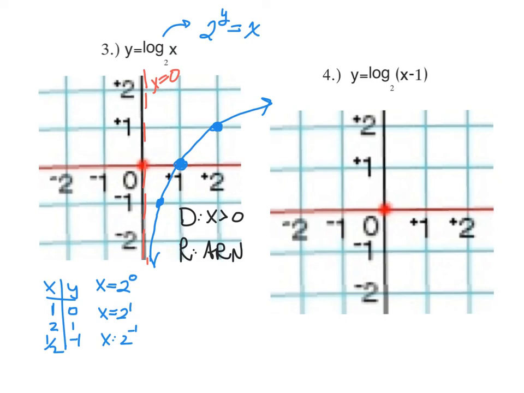Because we think about, well, that asymptote used to be when x equals 0. In the parent function, when that x was 0, we end up with a vertical asymptote. Now, I'm going to want my vertical asymptote to happen when x minus 1 is equal to 0. So that means it's going to happen at x equals positive 1.